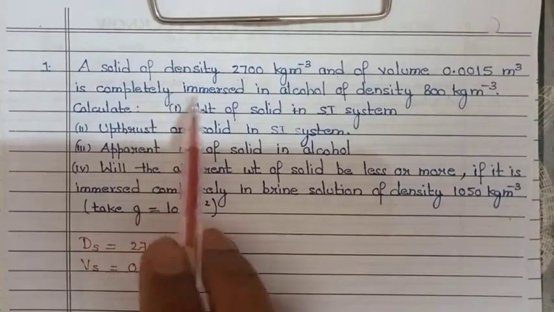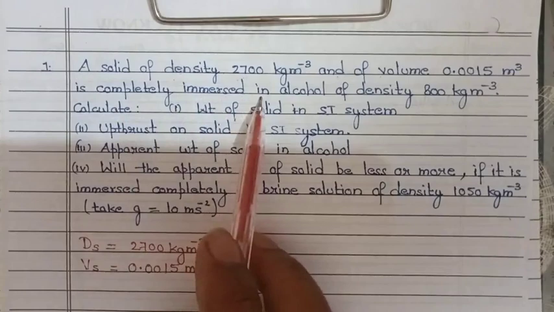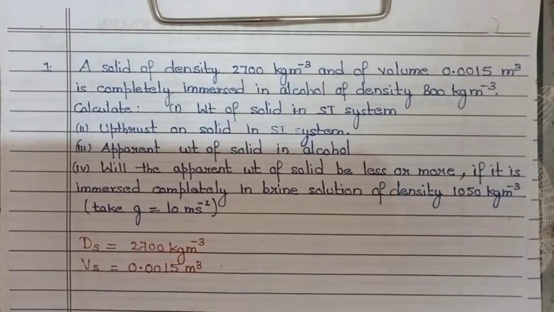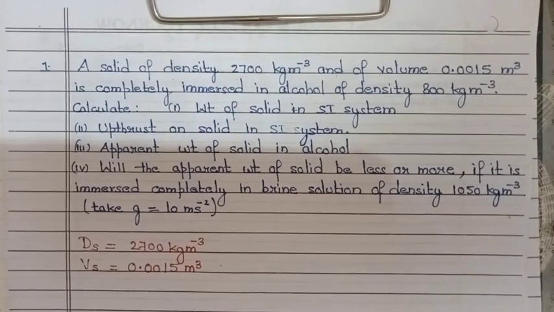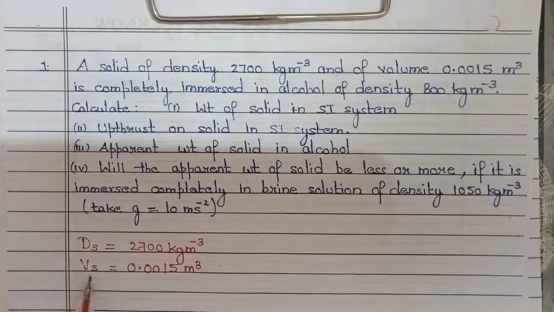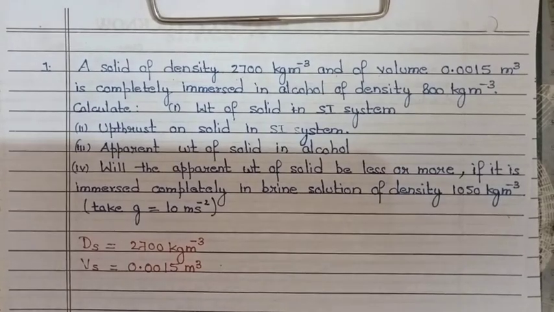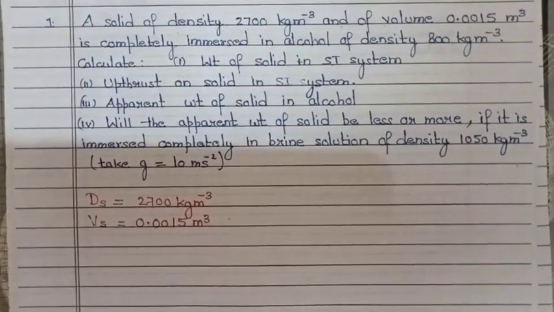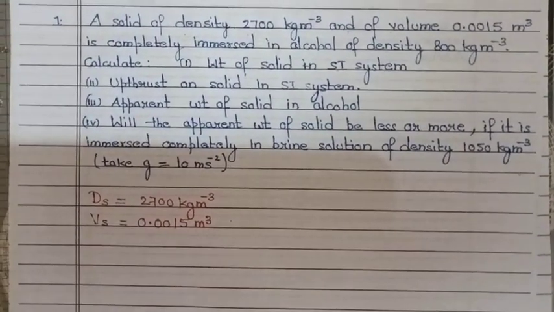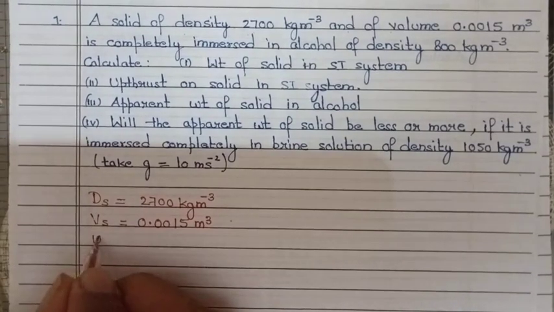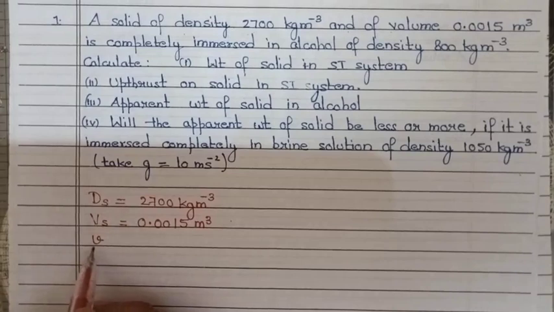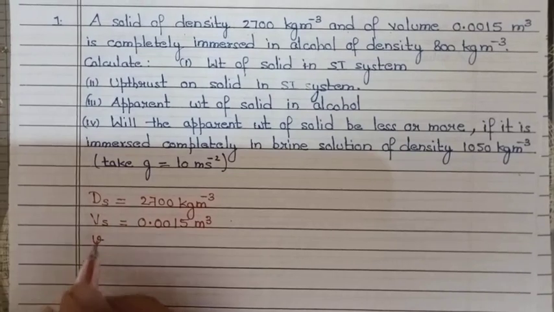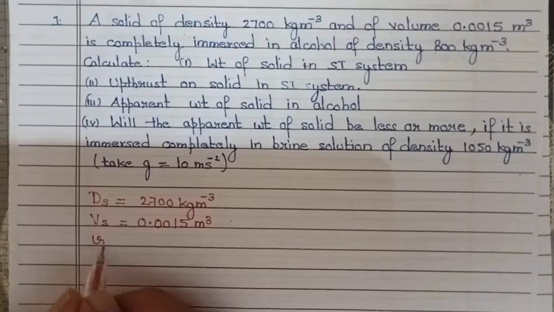Now the question says that body is completely immersed. Now remember, whenever body is completely immersed, then whatever will be the volume of the body, same will be the volume of liquid displaced. Is it clear? So we can write, let us represent volume of liquid displaced by small l, small v.